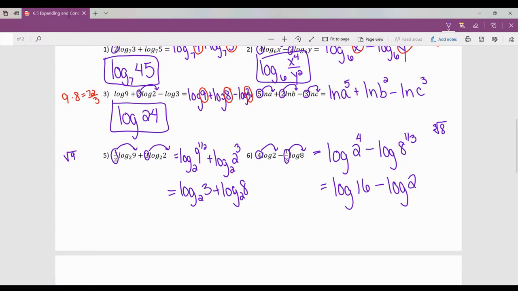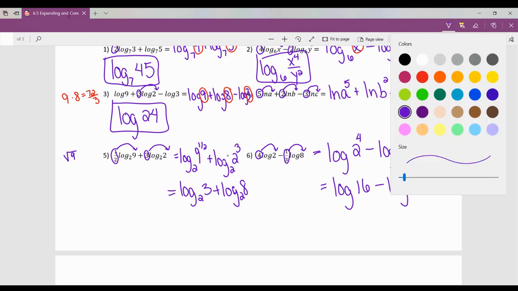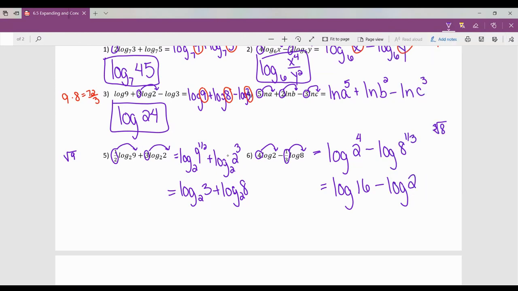All right. Next one. So we've got same idea as before. So we've got ln. And now we've got these 3 things. We've got a to the 5th and b squared. Now in between them is a plus, so we're going to be multiplying a to the 5th times b squared. And then we're going to be dividing that by, because subtraction means dividing, c to the 3rd.